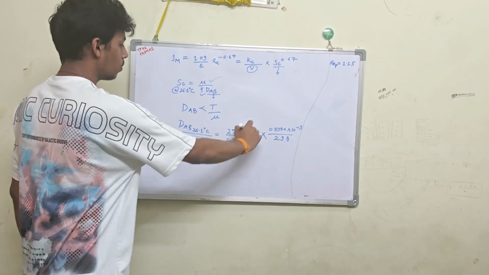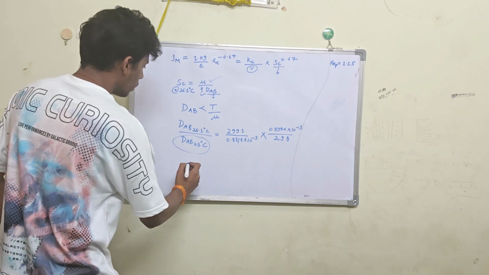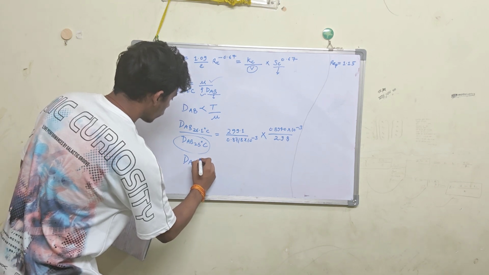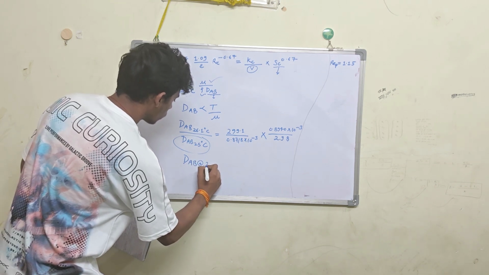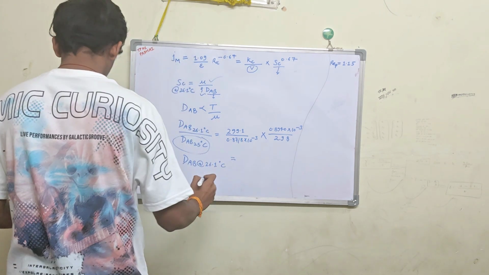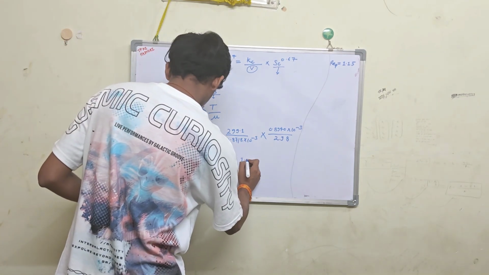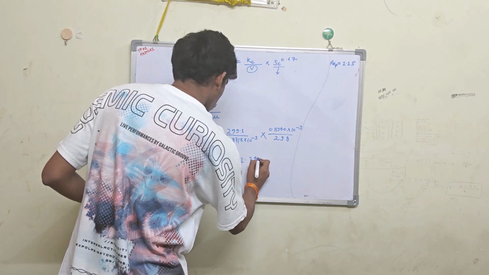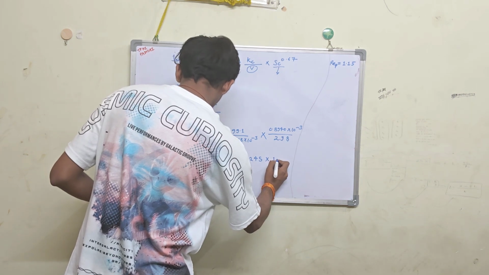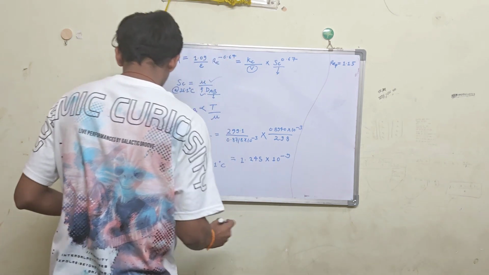So we will send it to the right hand side and we get the diffusivity value at 26.1 degrees Celsius, which will be 1.245 into 10 to the power minus 9.